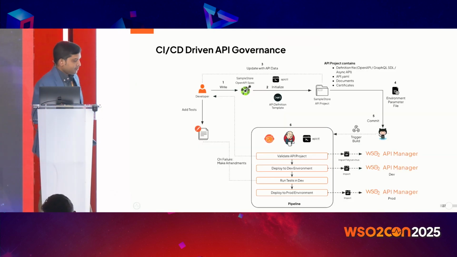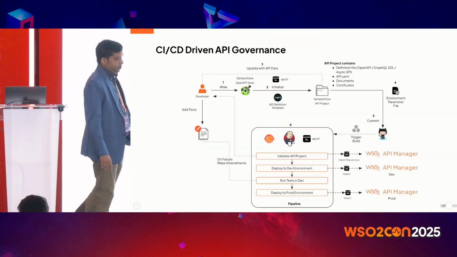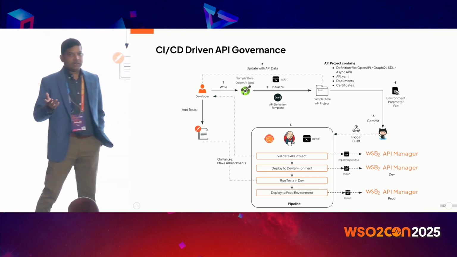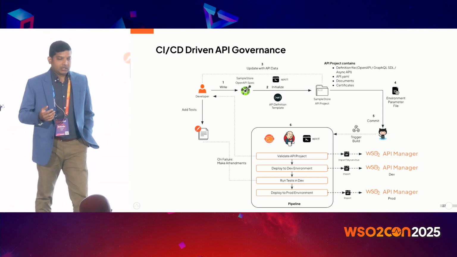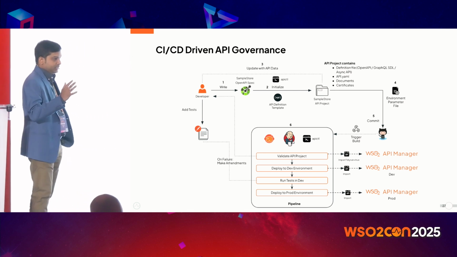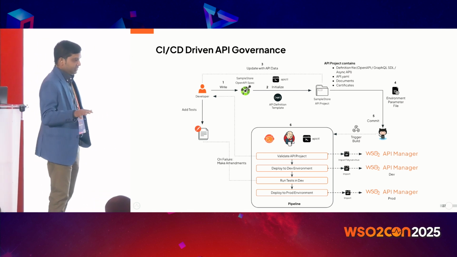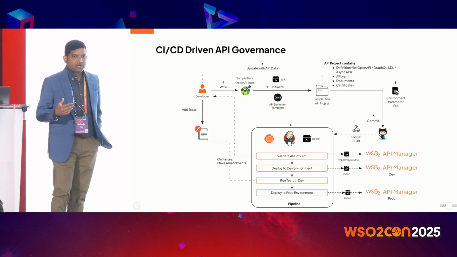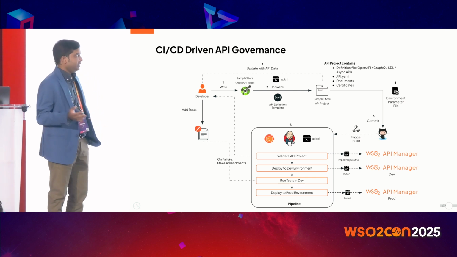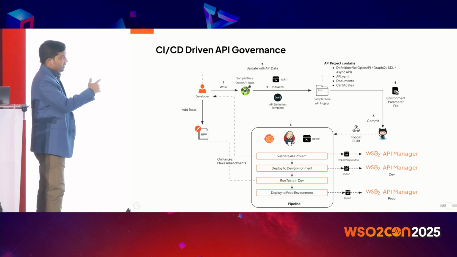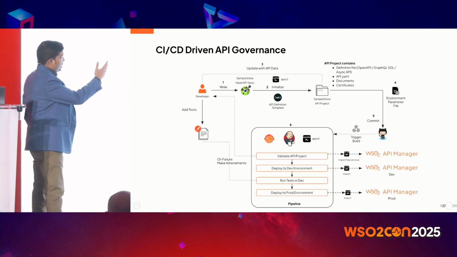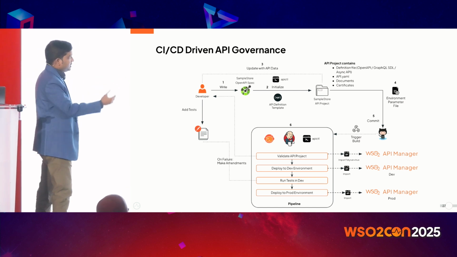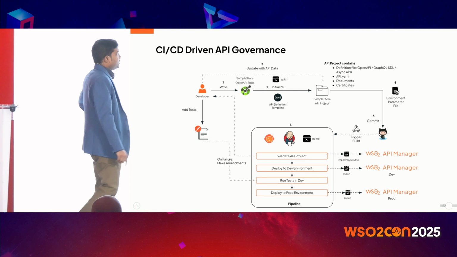So when it comes to CI/CD, probably most of you are using our CI/CD tool to do all these various actions without touching the publisher UI or the admin UI. So the idea here is that when you have an OpenAPI, using the CTL, you can create a project here.